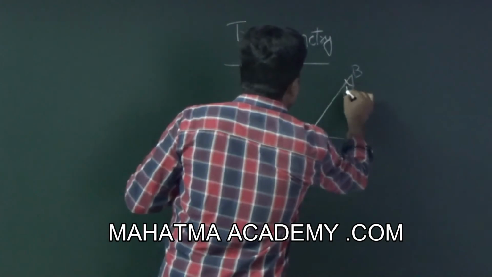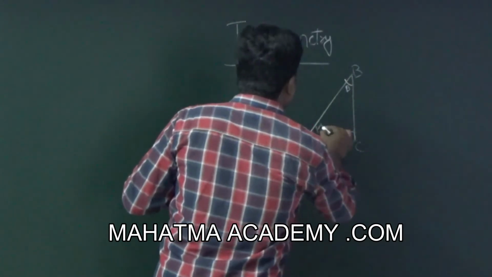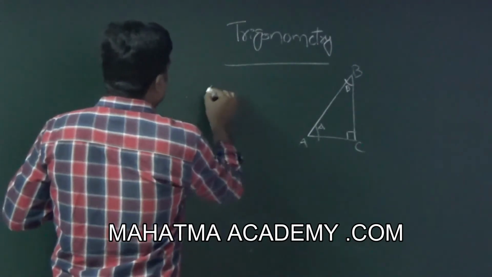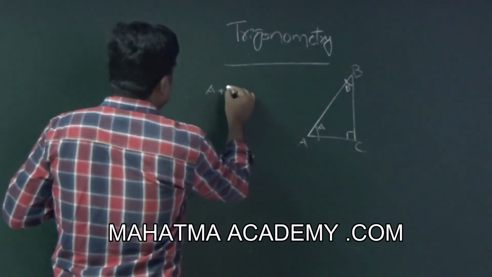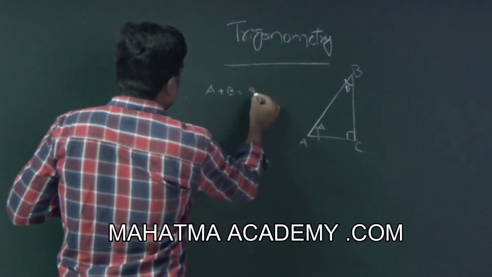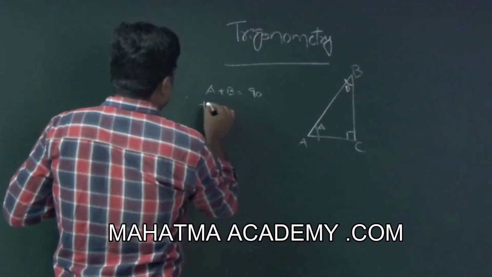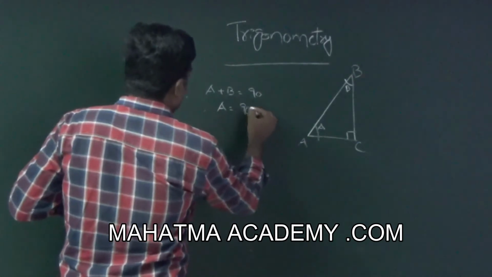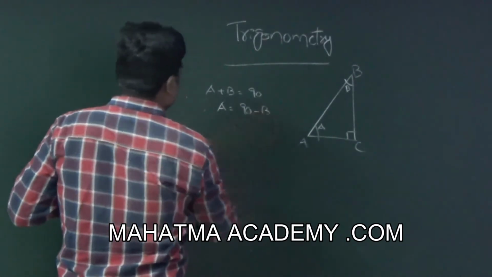This is angle A, this is angle B. A plus B, we already know A plus B equal to 90. A equals 90 minus B.